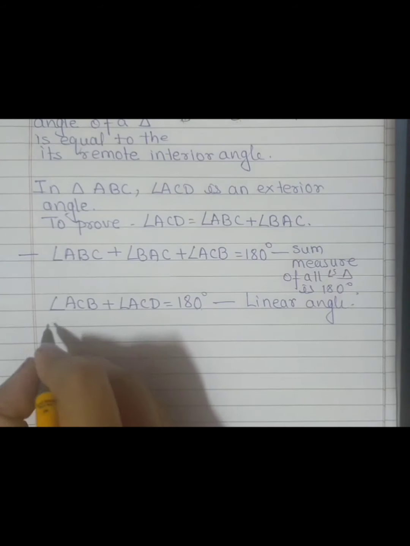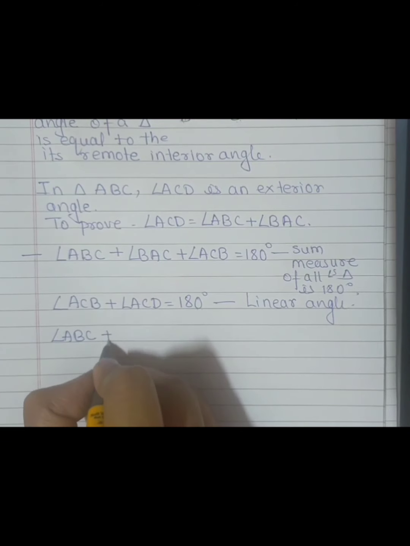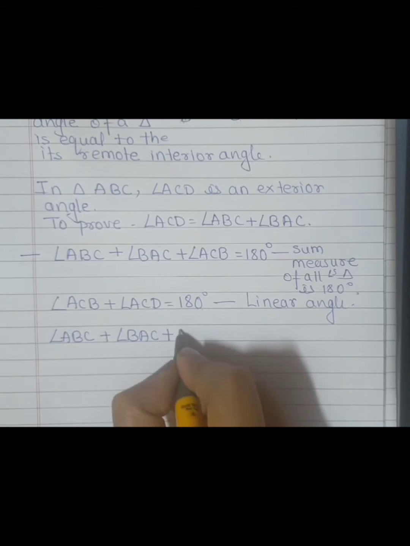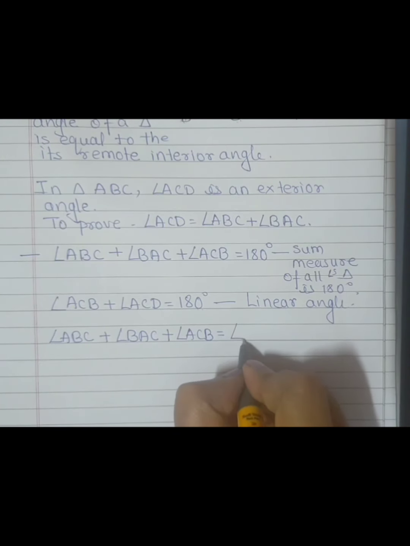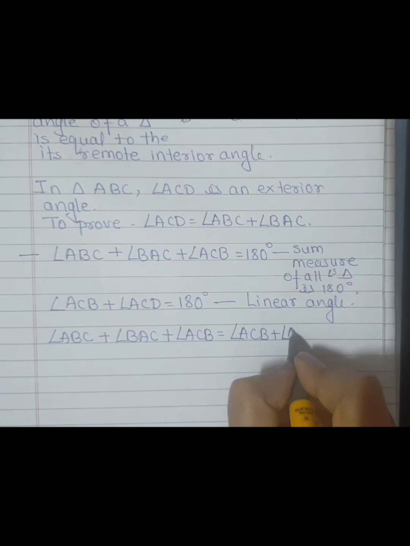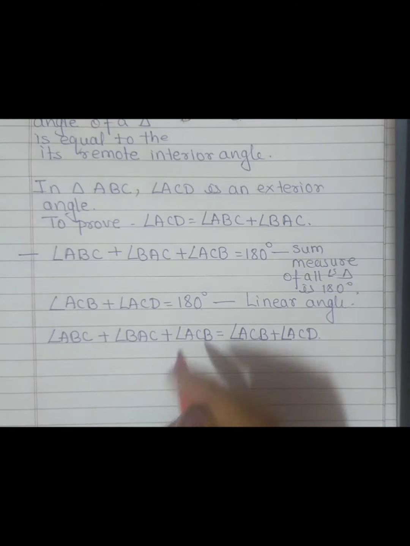Next step is we are going to write angle ABC plus BAC plus ACB equal to angle ACB plus ACD. So here you can see in left hand side and right hand side ACB is given.